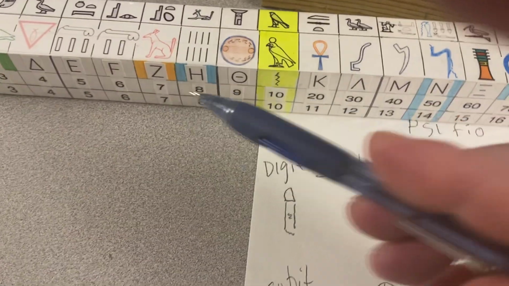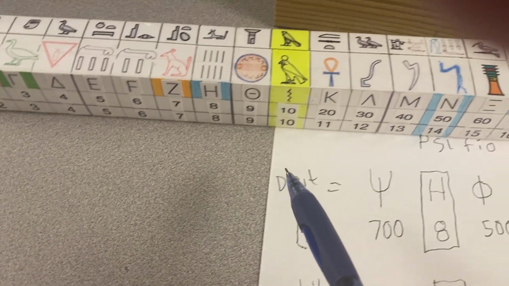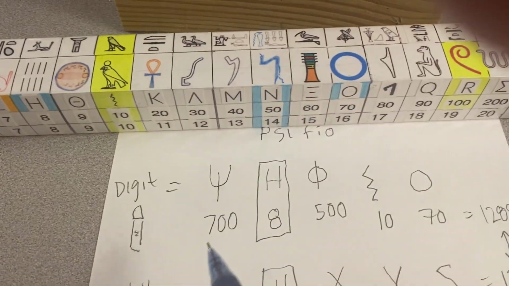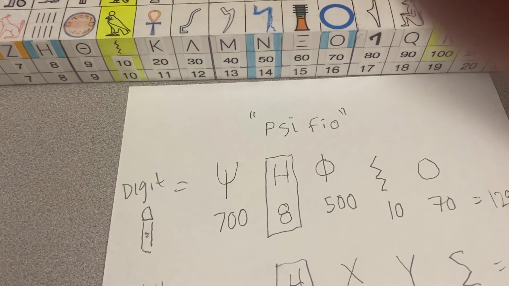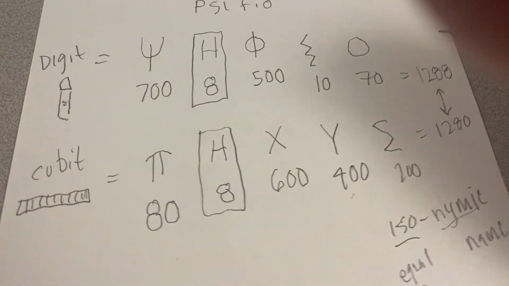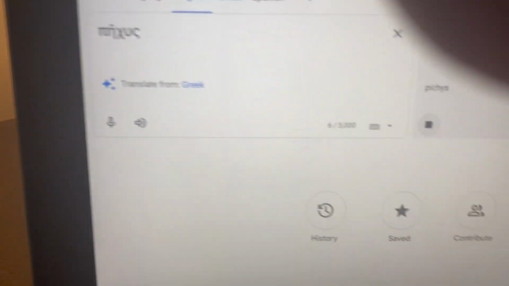So digit, the word digit, Sophio, Πύχης.